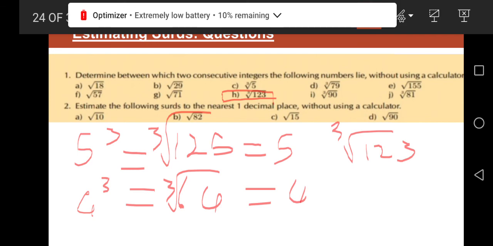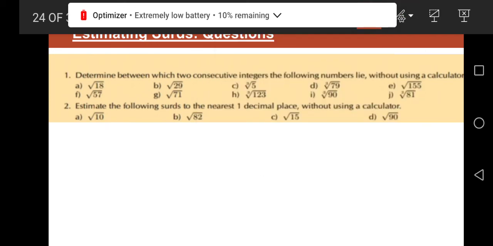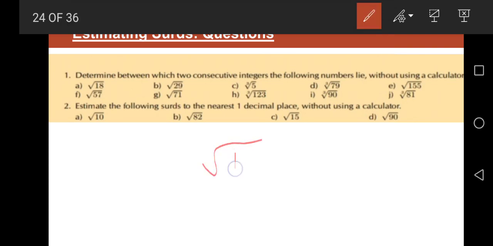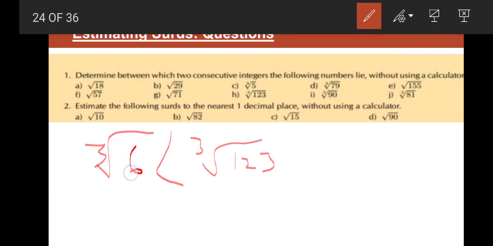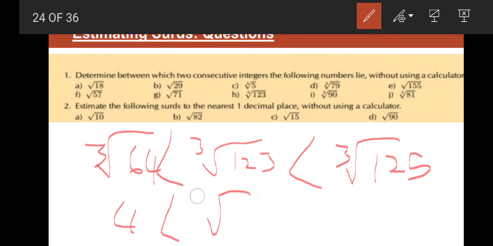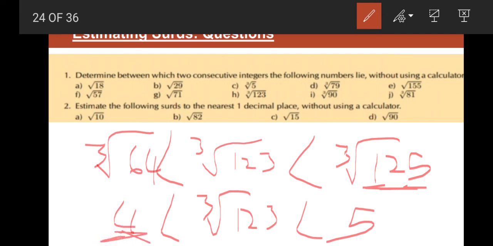Which means that the cube root of 123 lies between the cube root of 64 and the cube root of 125. Again, the cube root of 64 gives you 4, and the cube root of 125 gives you 5. So the cube root of 123 is between the integer 4 and the integer 5 on your number line.